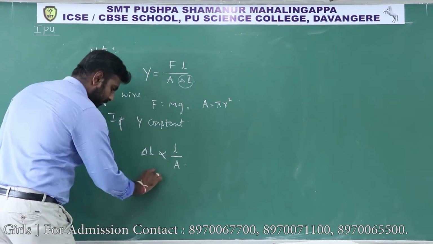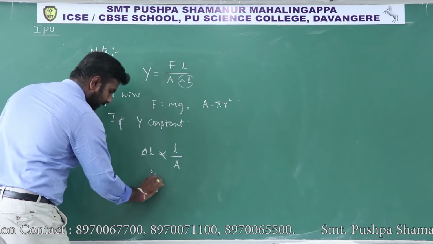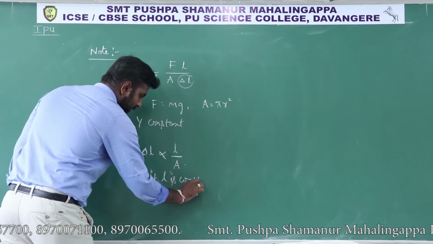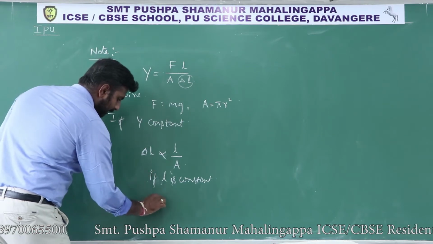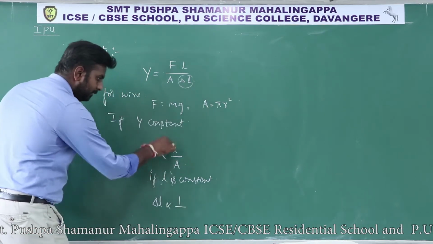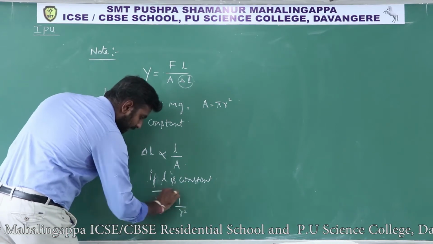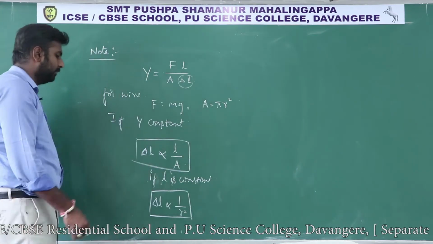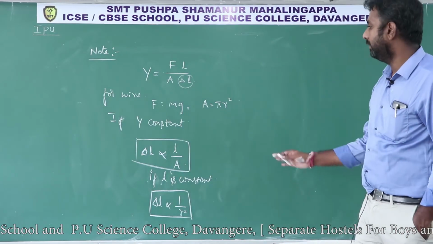And if L is also constant, then the change in length is inversely proportional to area. Area means pi r square, where pi is constant, so you can write it as r square. Okay, remember these formulas. Delta L is inversely proportional to r square for solids.